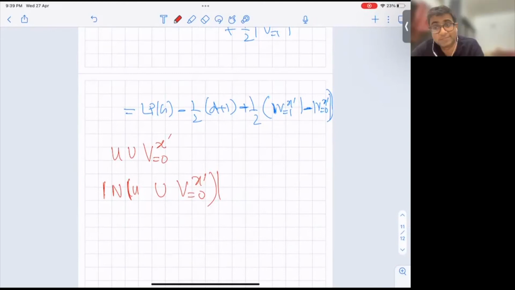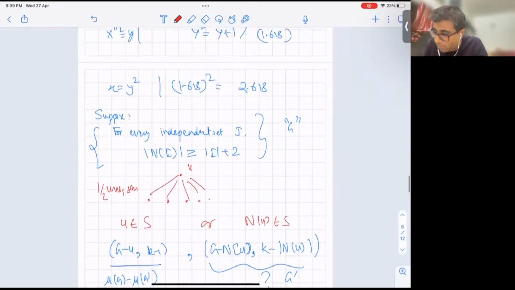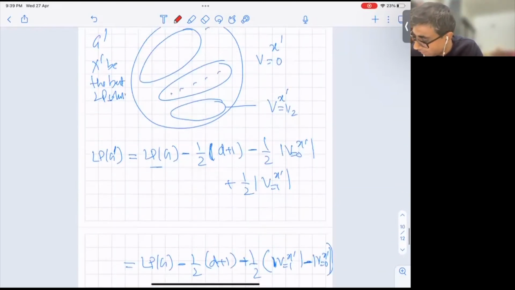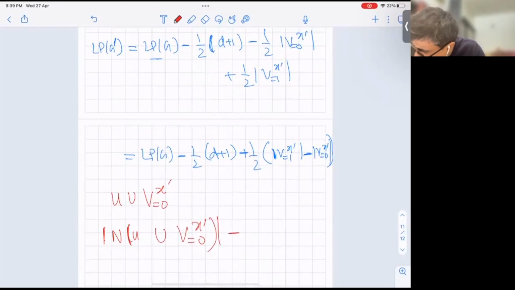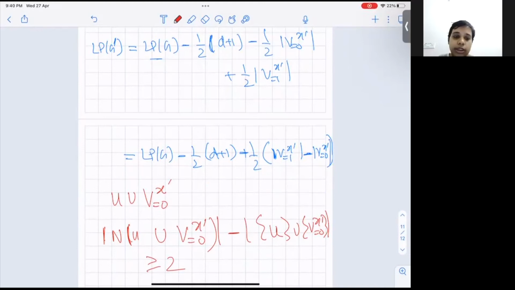I'm assuming the fact that the neighborhood of I is at least the cardinality of I plus 2. So I can write that minus the cardinality of U union V1 of x prime, this is 2. Is that okay? Yes.